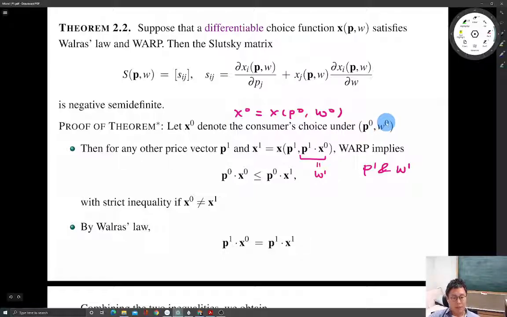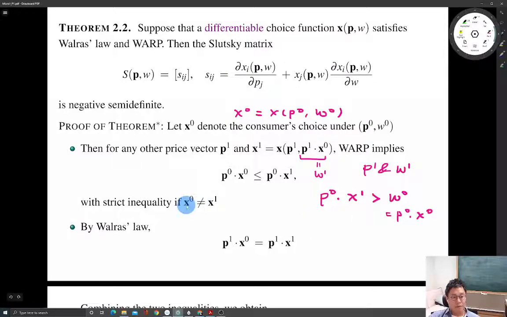So P0 dot X1 is going to be larger than W0. But by Walras' law, W0 can be written as P0 dot X0, the expenditure for choosing this bundle under this price vector.